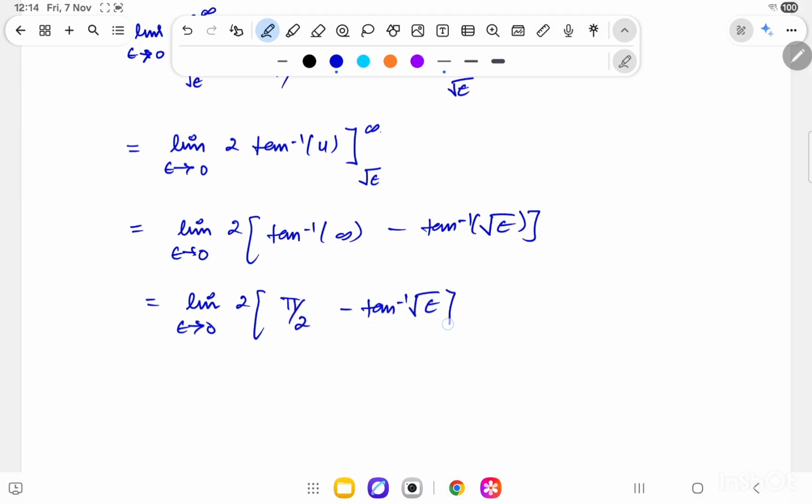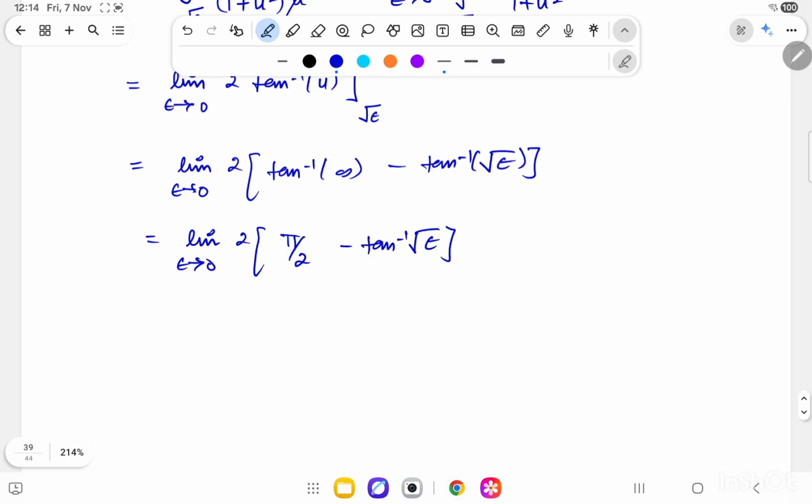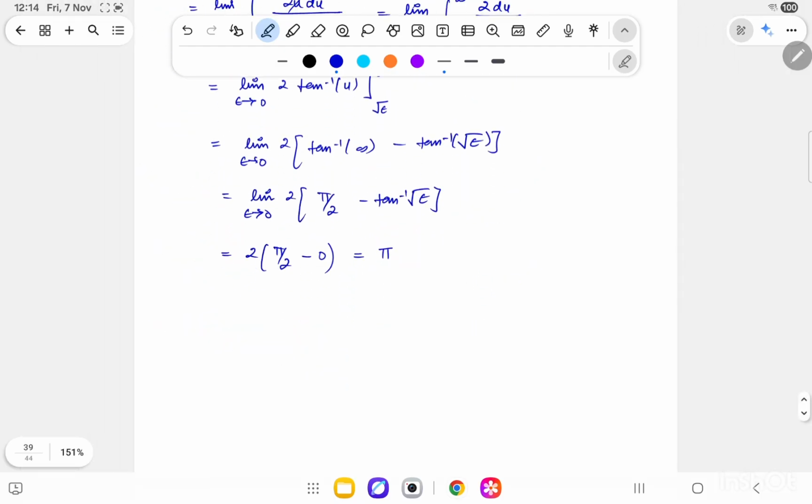If I evaluate this limit, it will be equal to 2 times pi by 2 minus tan inverse 0, which is 0, and tan inverse is a continuous function, so because of that we are able to do that. So this limit turns out to be pi, and it is a finite quantity, so the given integration is convergent.